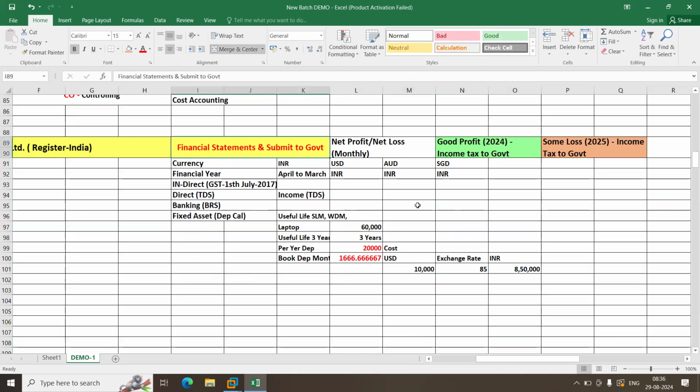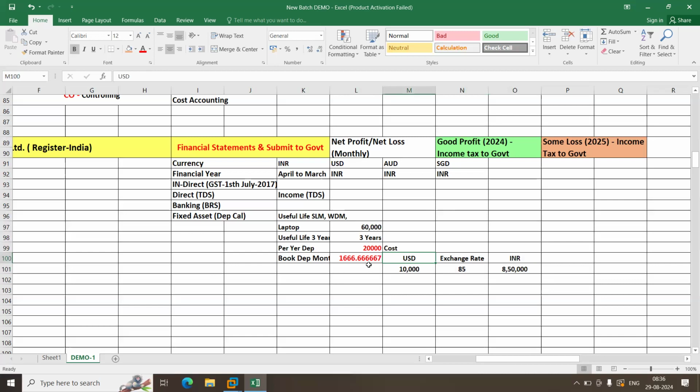But I have a registered company in India. So every transaction, even if I have purchased in US dollar, Australian dollar, Singapore dollar, whatever, I have to convert the value into local currency, because I have to prepare my financials in INR. I cannot show my purchase value as USD this much, Australian dollar this much. In your financial statement, you have to show the total purchase value, so you must convert all these values into INR as per your registered country.